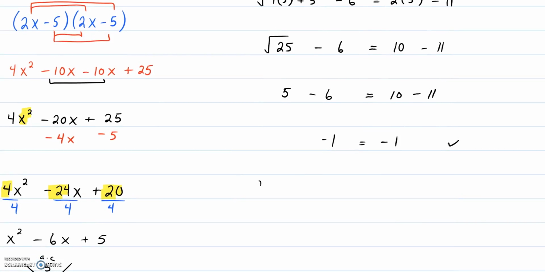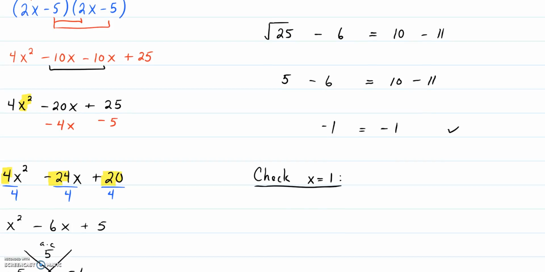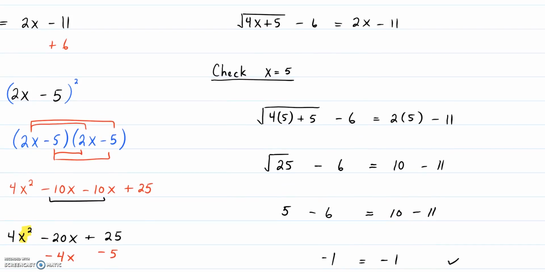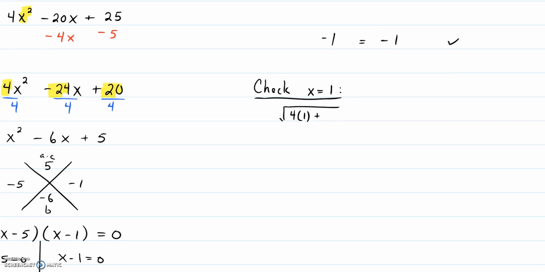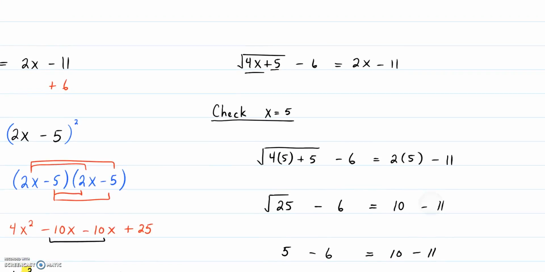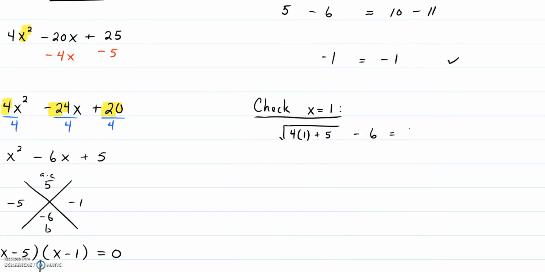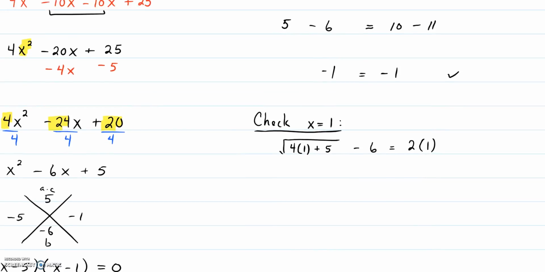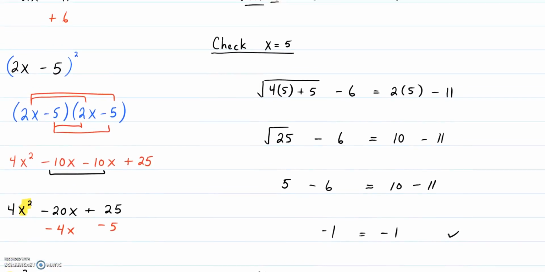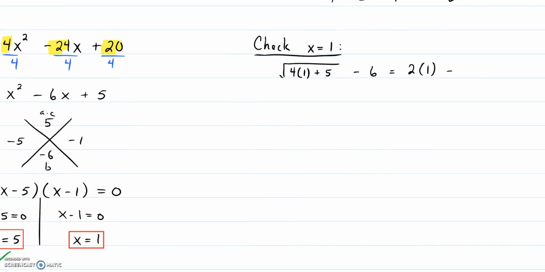That means we're going to have the square root of 4 times 1 plus 5, and then minus 6, and that's going to equal 2 times 1, minus 11.